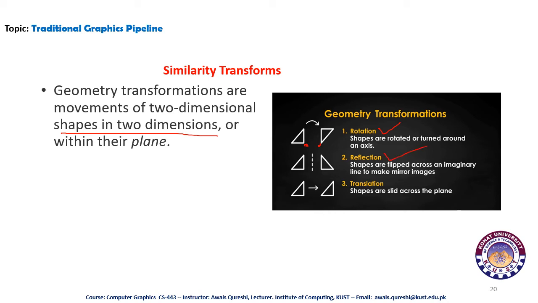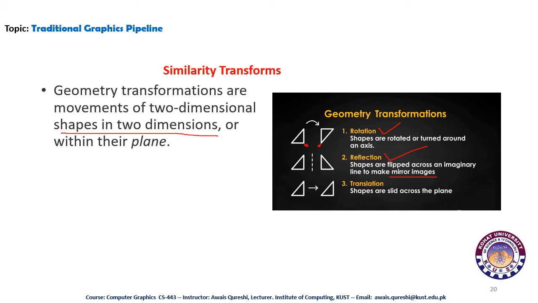The second one is called reflection. Shapes are flipped across an imaginary line to make mirror images. So reflection is the concept of mirror images, where two objects are mirrored to each other, but their faces are in different directions.